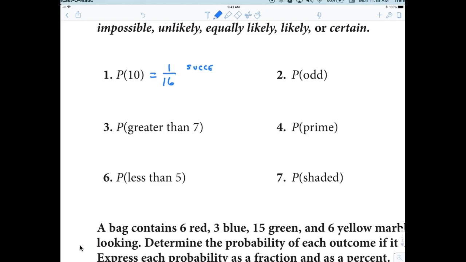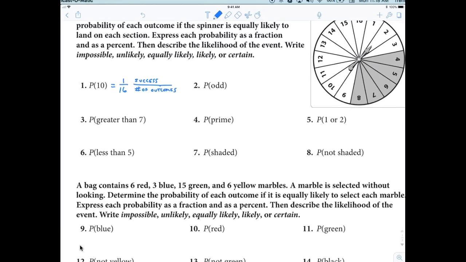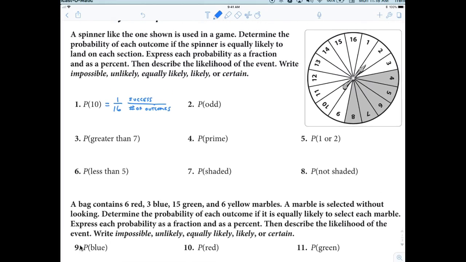The numerator is called the success, and the denominator is called the number of outcomes. If you spin the spinner, how many outcomes are possible? 16. And how many 10s are there? 1. That's why the answer is 1 out of 16. Is everybody okay with that? I think that's pretty easy.